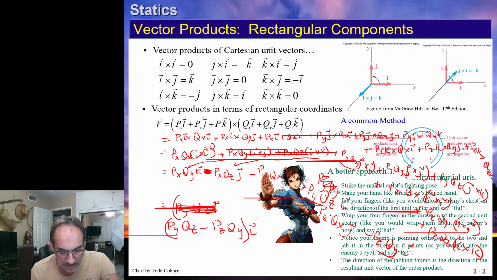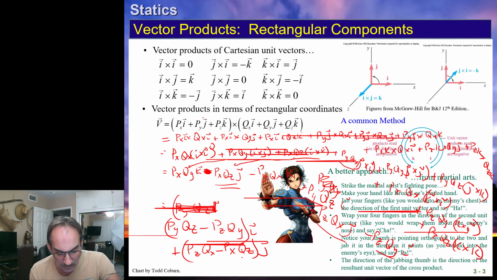All of those are times i. And then we have our j components, which is pxqz, that's a minus. And we have our other j term here, pzqx. All those are j.